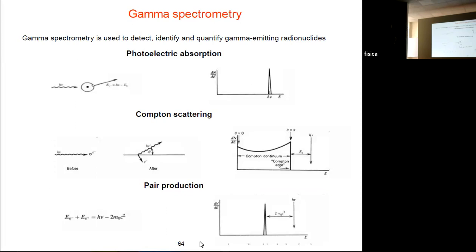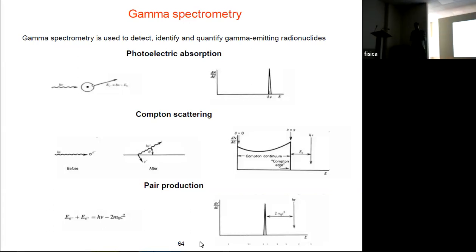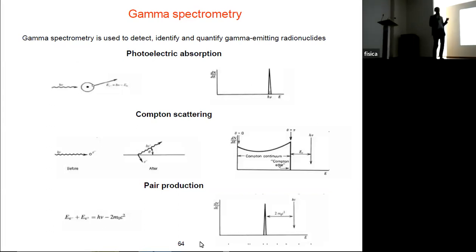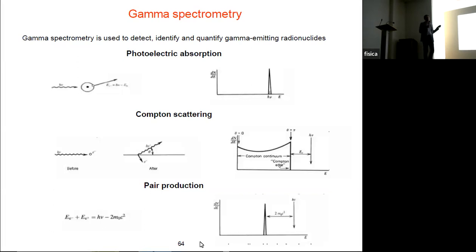Why is it so important? For example, in some applications, you have just an isotope and don't know exactly what kind of isotope it is. And the task of a physicist is to identify it by measuring different gamma lines.